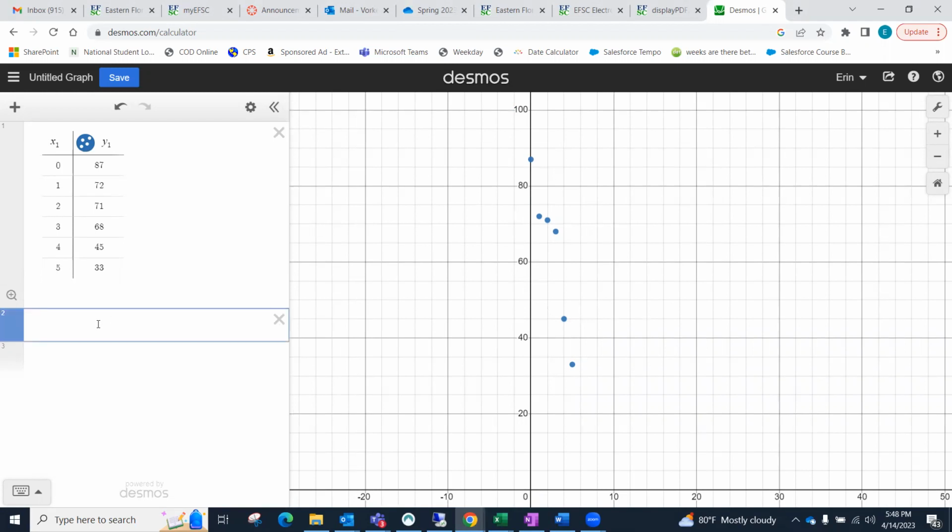Then you're going to input the equations for your curves exactly how they are in the screenshot in the instructions for the project.